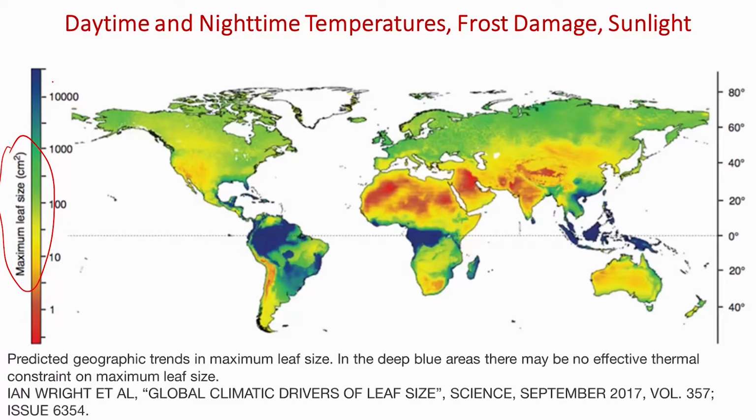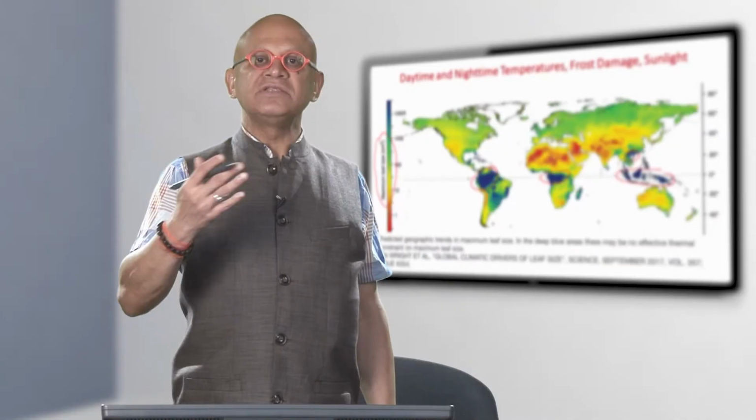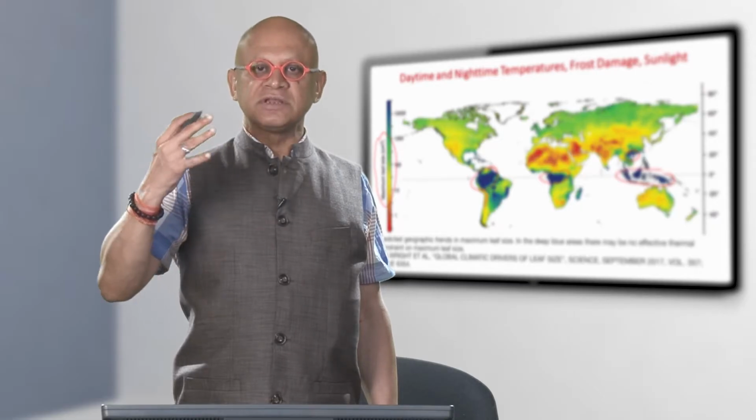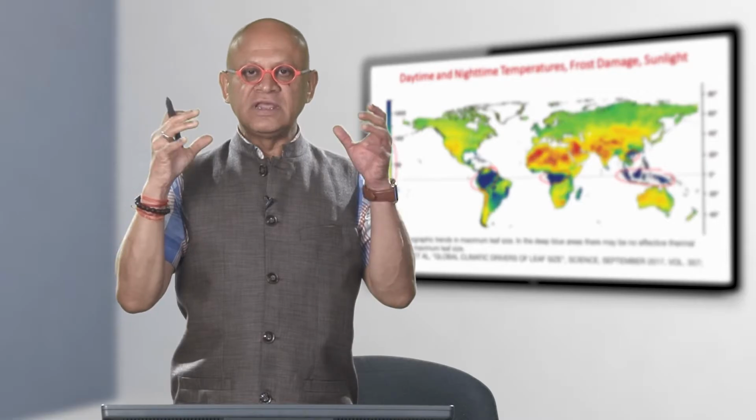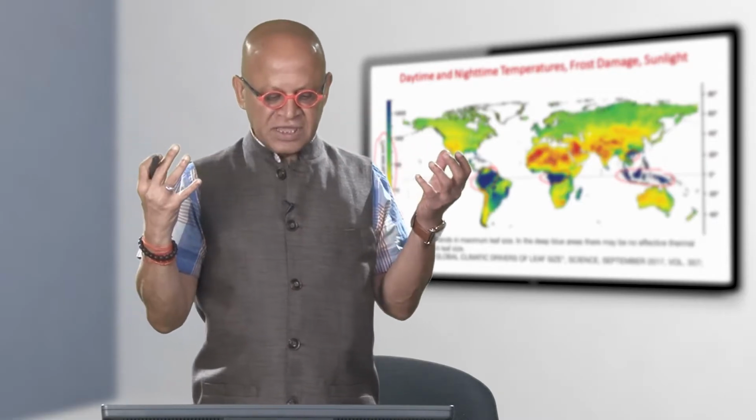You can see that the map is showing there are regions like the rainforests of the Amazon, Central Africa, Indonesia, the so-called maritime continents and so on, where there is essentially no impact of temperature on the leaf size. That means the humidity, temperature, and the difference between daytime and nighttime temperatures are pretty minimal, so the leaves are not showing any impact.